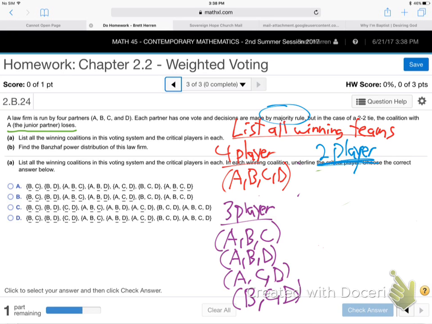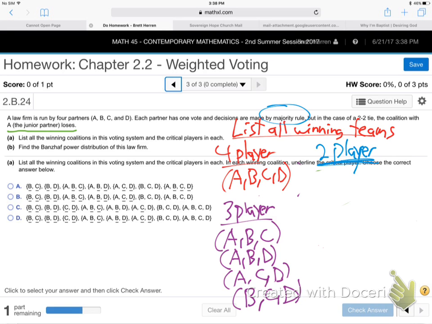So how does a 2-player team win? Well, that's when we consult the tie-breaking rule. A 2-player team wins if they don't have A. So list all the 2-player teams that don't have A, and they'll all be winners.